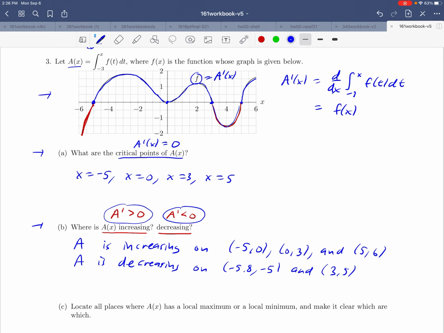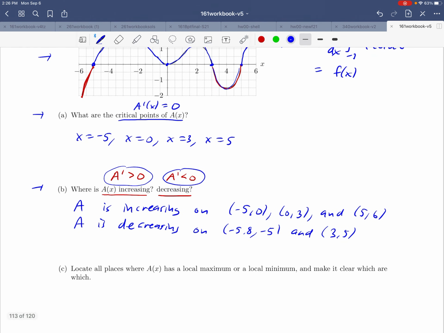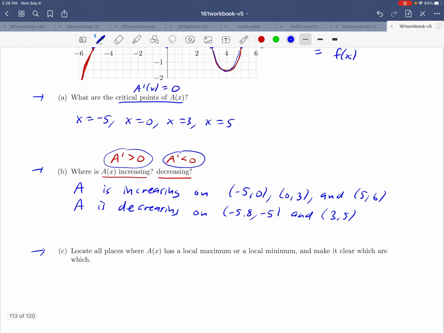So we've nailed down where we're increasing and decreasing. And then we come to questions about local maxes and local mins. Let's actually do local min first. Referring back to an example that we did earlier in this section, we talked about how we're going to have a local min at a place where the derivative goes from negative to positive, because our function is going to go from decreasing to increasing.